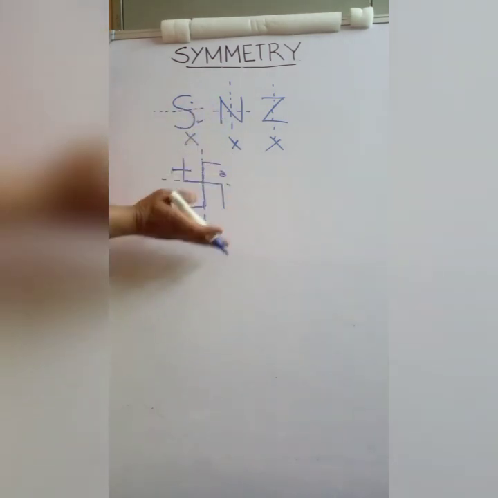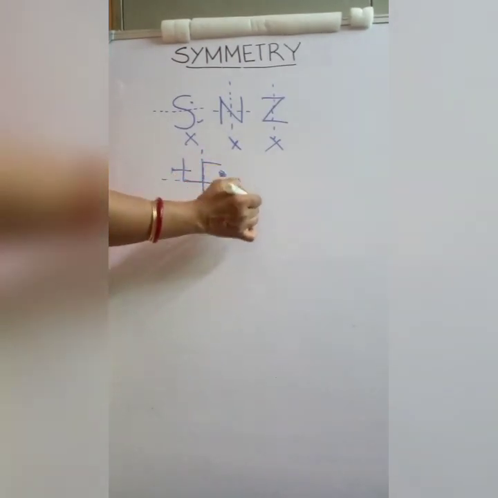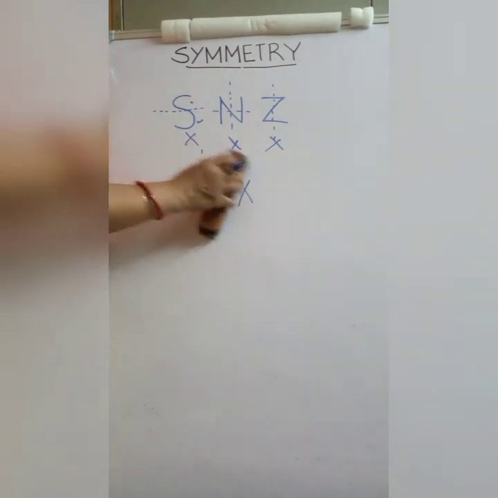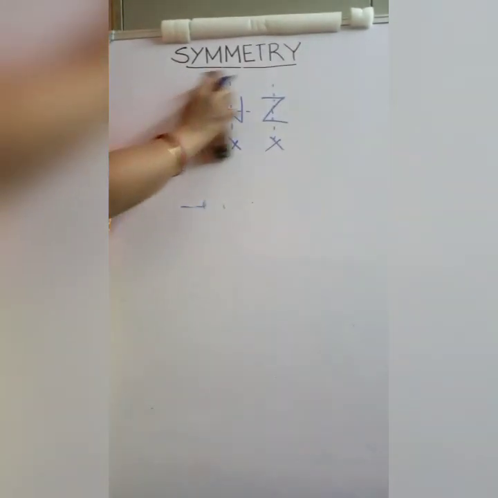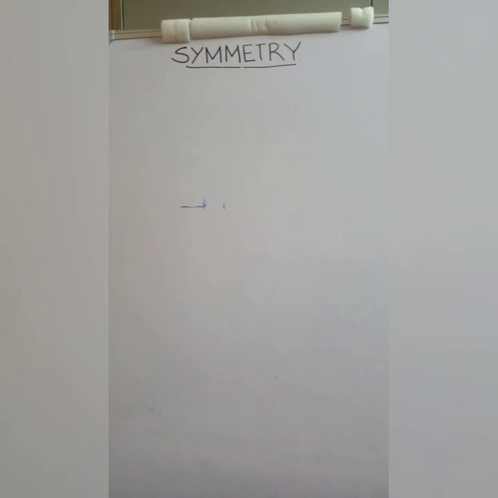If we try to fold it like this, this open part will come over here. So it also doesn't have any line of symmetry. So when we are confused, we can draw the figure and imagine by folding whether the halves are coinciding or not. And in the next, we will talk of mirror reflection.